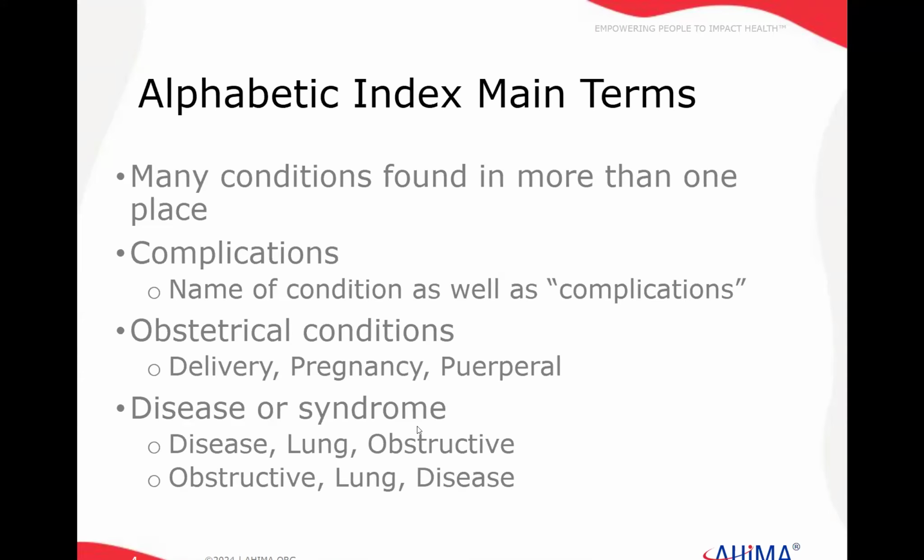Disease is a popular one, for instance, COPD or chronic obstructive lung disease. The main term and the path you would use would be disease. Disease of what? Lung, and then obstructive lung disease. So you can find these things in more than one way.